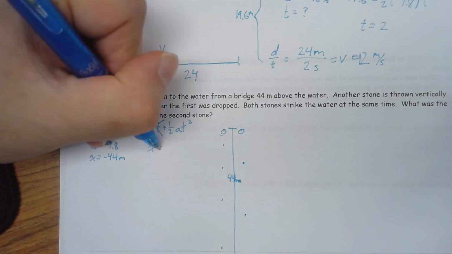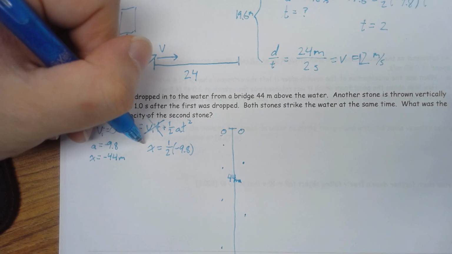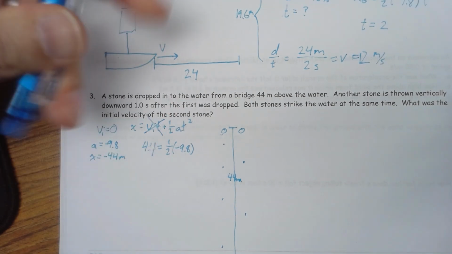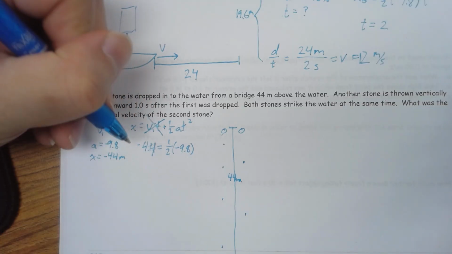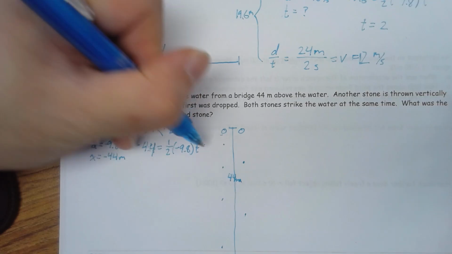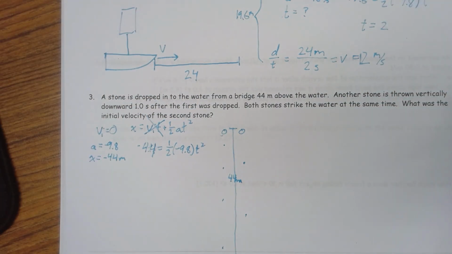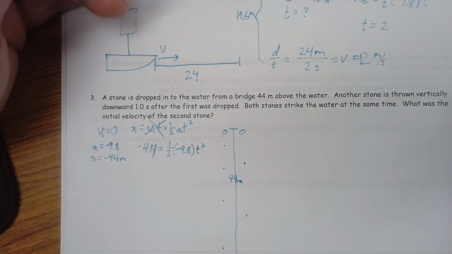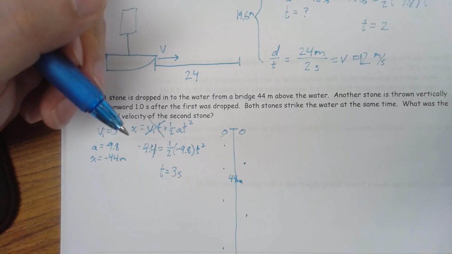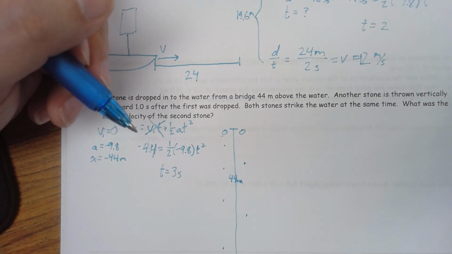And we have X equals 1/2 negative 9.8. Sorry, our X is negative 44. So we have negative 44 equals negative 4.9 t squared. Well, honestly, we know that this is going to be about 3 seconds. I know that because of number 1, part A, but you could use a calculator.